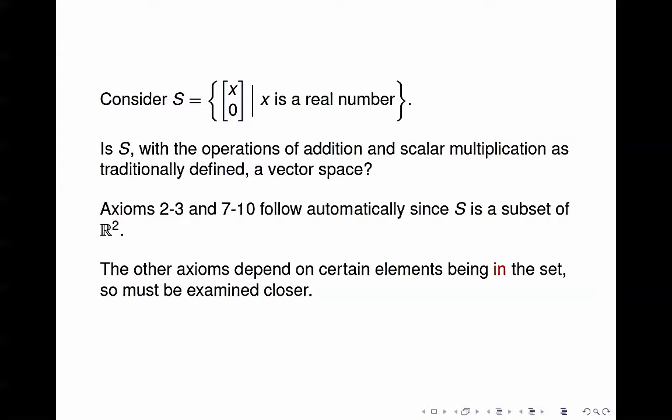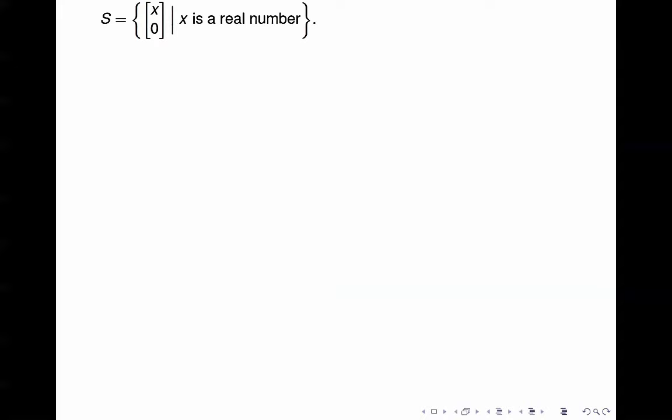And I'm assuming here that you've got your book open so you know which of these I'm referring to. The other axioms depend on certain elements being in the set, so we have to look at this closer.